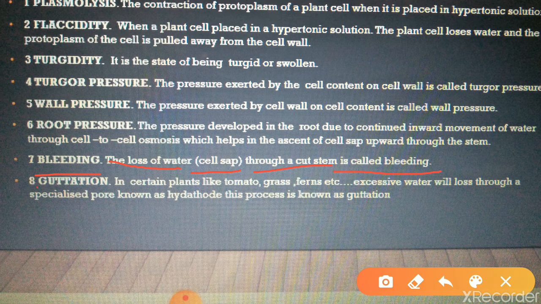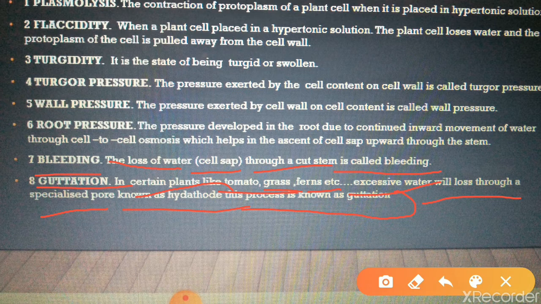Next, guttation. In certain plants like tomato, grass, ferns, etc., excess water is lost through specialized pores known as hydathodes. This process is known as guttation. Actually, guttation we can see only in some special types of plants.